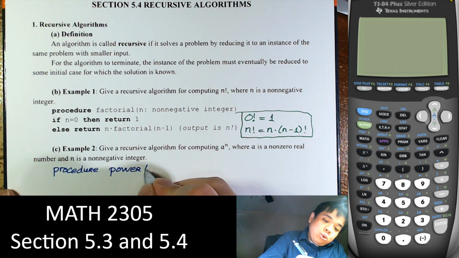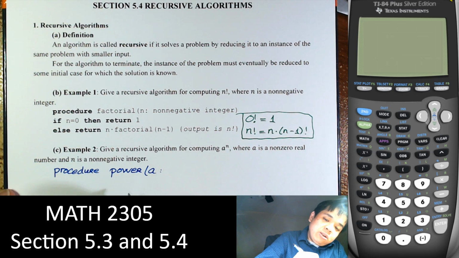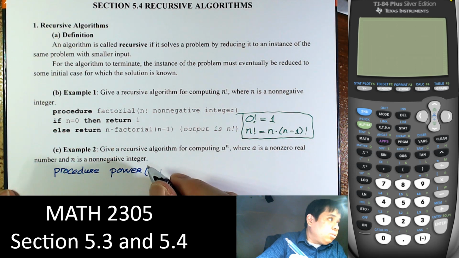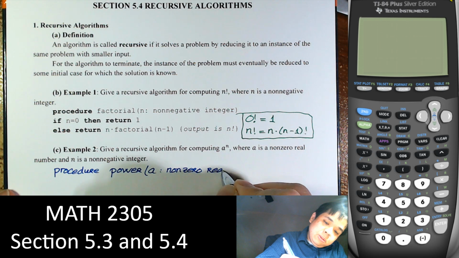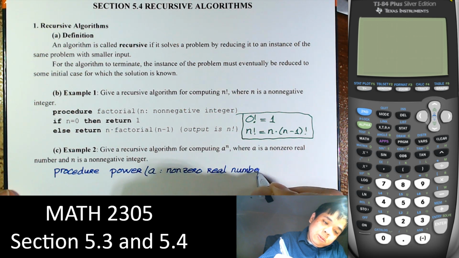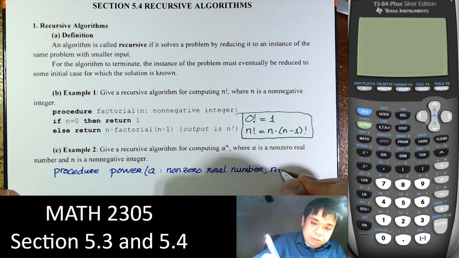In that case there are two inputs. a is the base, a non-zero real number, and n is a non-negative integer.